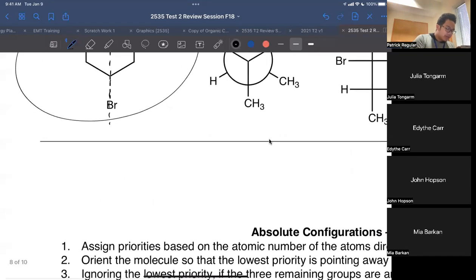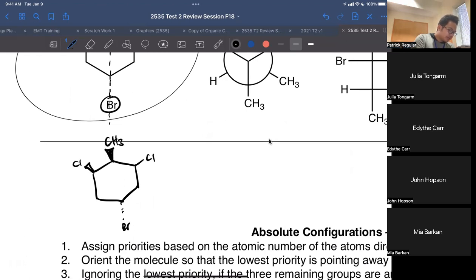That would be the same case. And yes, you can do that for Br, even though that's a Br, it's symmetrical, because it's on that line of symmetry. So if you had something like this, Br, CH3, then like Cl, take those wedges too. This would be achiral.